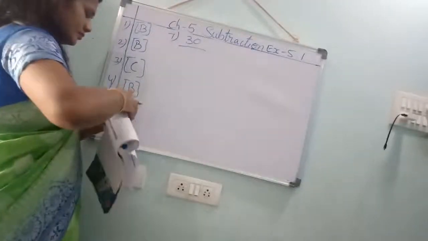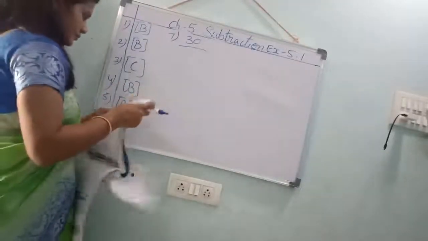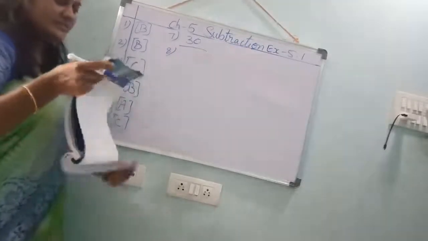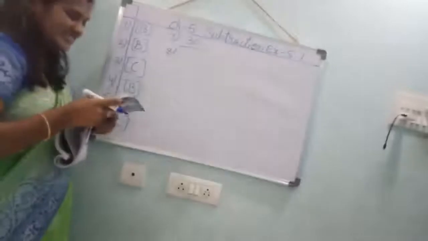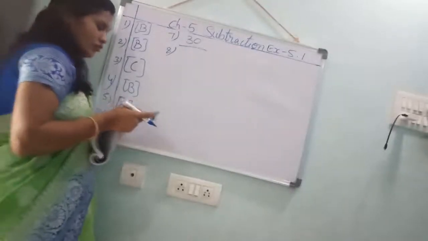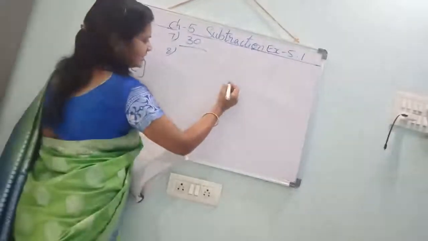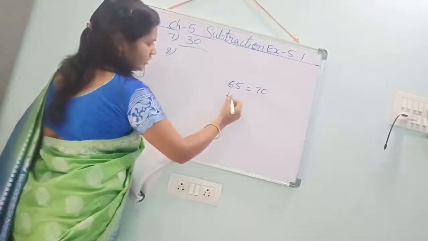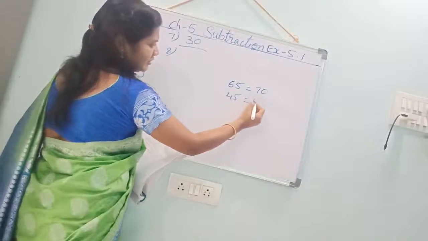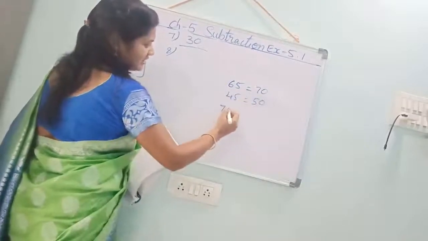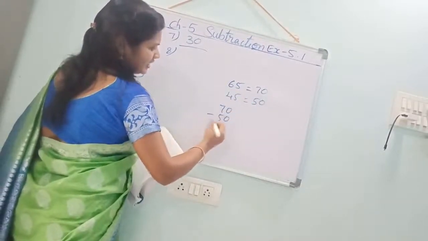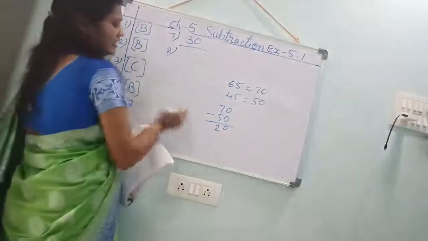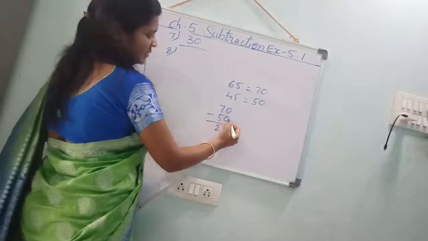Next. Eighth one. See. The estimated difference between 65 and 45. 65 estimate means what? 70. 45 estimate means 50. So 70 minus 50. What will we get? 20. 70 minus 50. As 0 minus 0, 0.